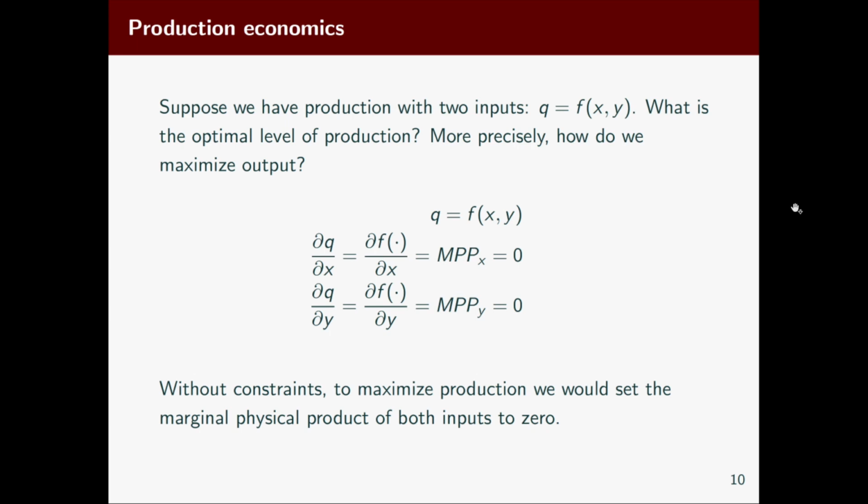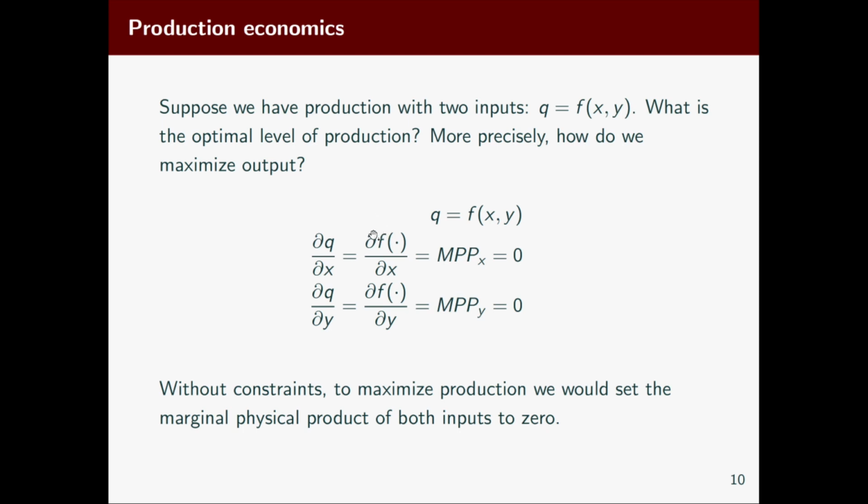Okay, so let's suppose that we have a production function, this Q, as a function of 2 inputs, x and y. How can we find the optimal level of production? This is also the same way as saying, how do we maximize our output? So if we have our production function here, and it's just a function that we can maximize, then all we need to do here is take the partial derivative of our production function with respect to our inputs.